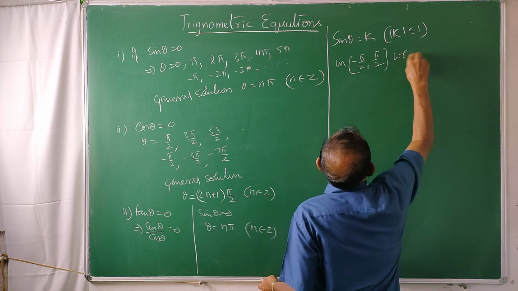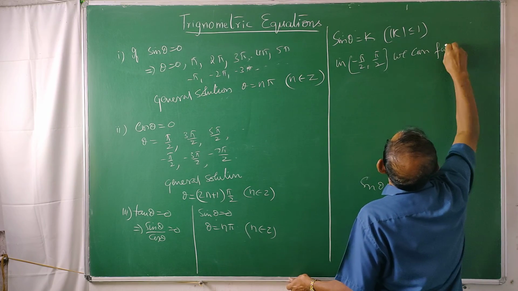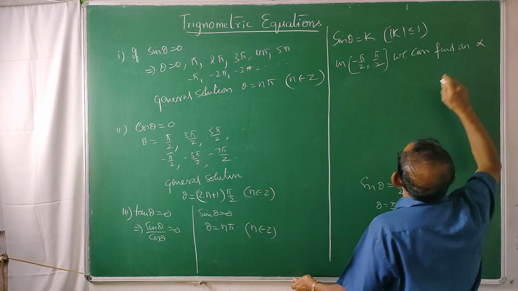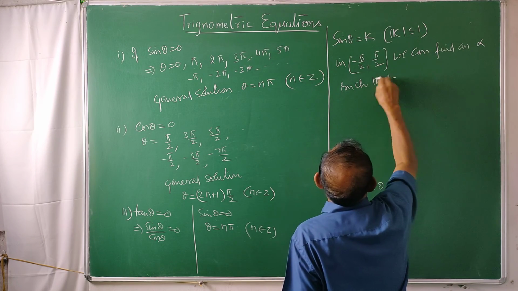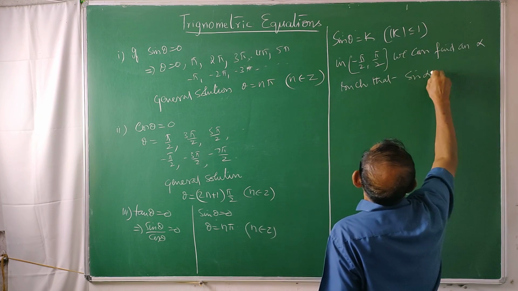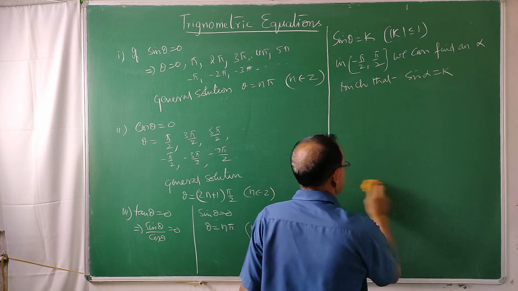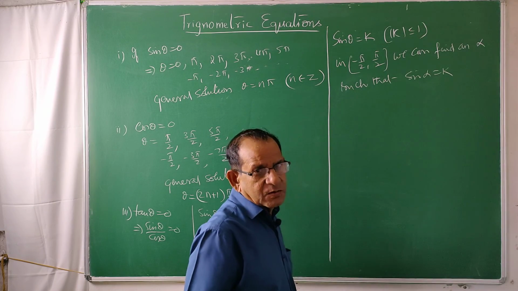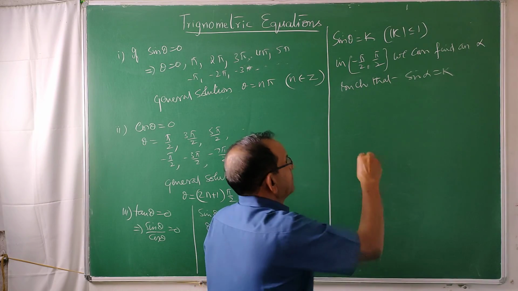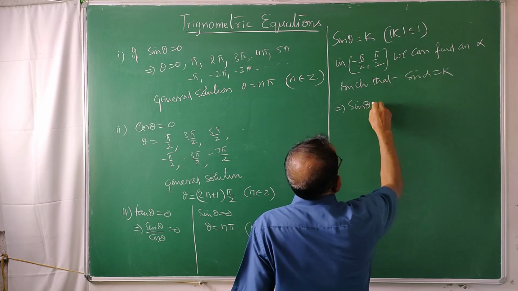We can find an alpha such that sin alpha is equal to k. Now, sin theta is k and sin alpha is equal to k. So, equate those two. That implies sin theta is equal to sin alpha.